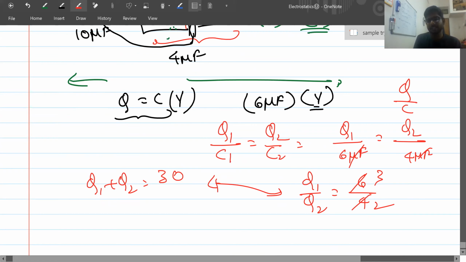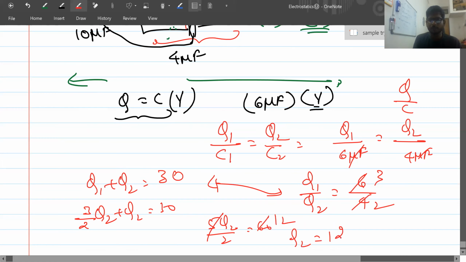So can I write it as Q1 is equal to 3 by 2 Q2. So 3 by 2 Q2 plus Q2 is equal to 30.